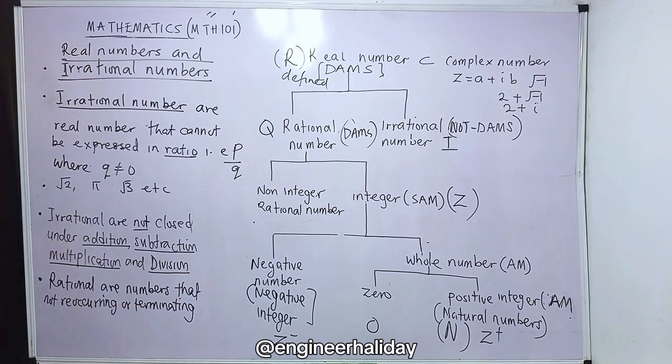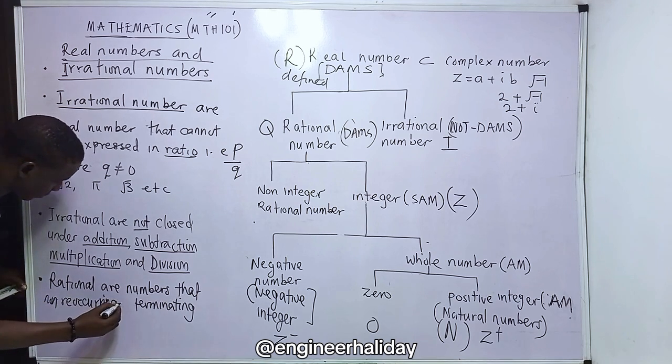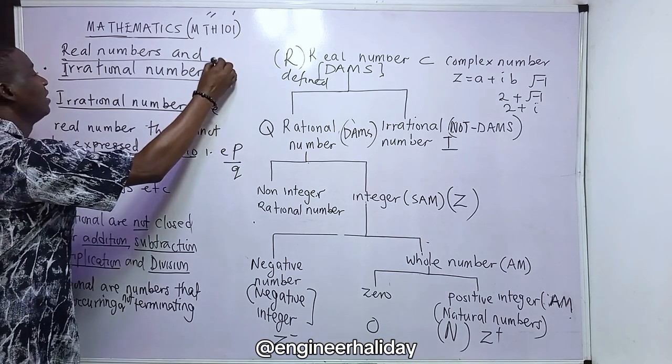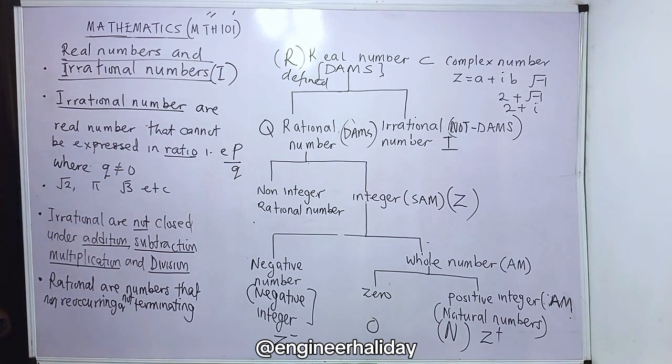They are non-recurring and non-terminating numbers. Whatever happens in rational number, the negative of it happens in irrational number. The symbol we use for irrational number is I.